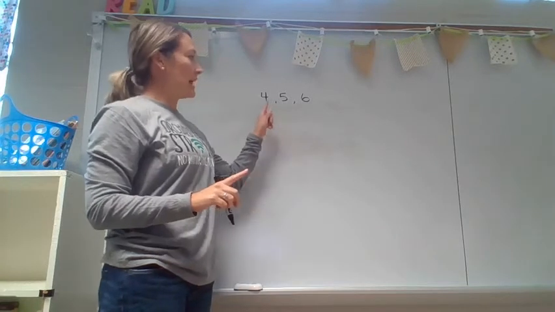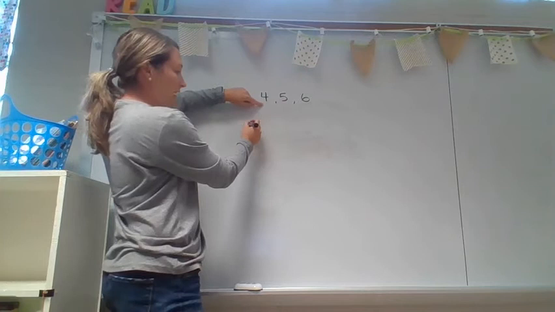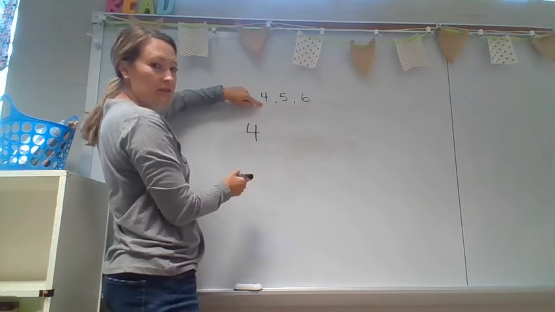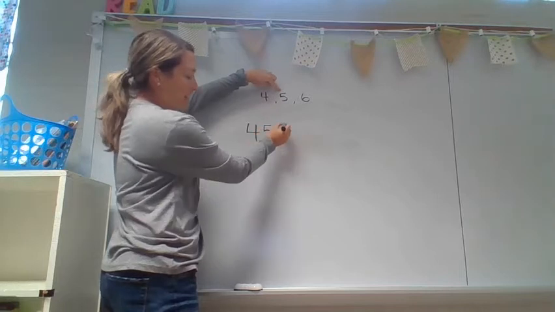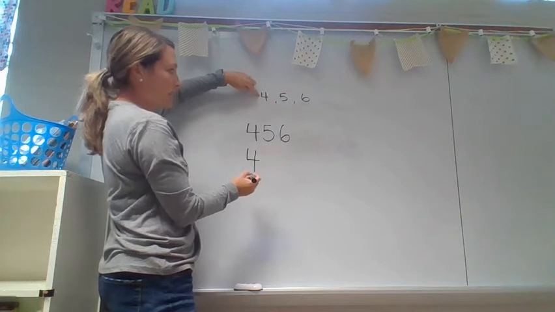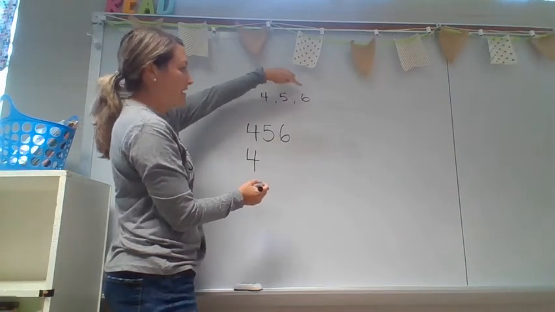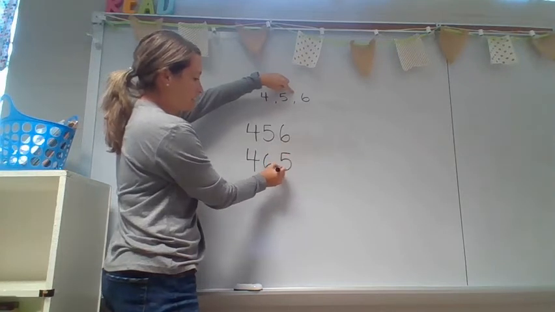So what I'm going to do is I'm going to start with the 4 in the hundreds place. So if I have 4 in the hundreds place, that means I could have 5 in the tens and 6 in the ones. Or if I have my 4 in the hundreds place, I could have my 6 in the tens and my 5 in the ones.